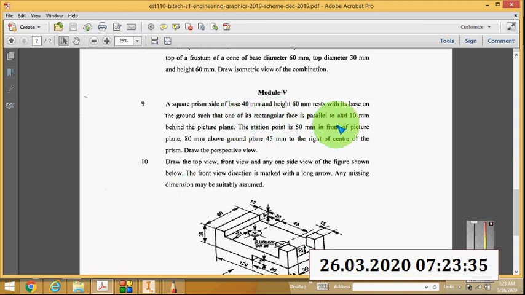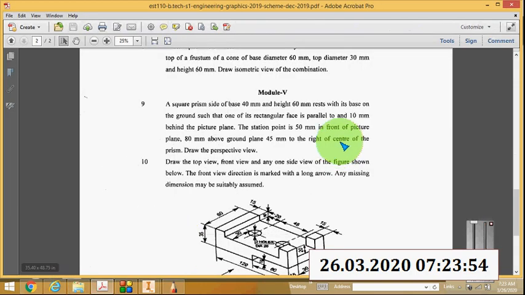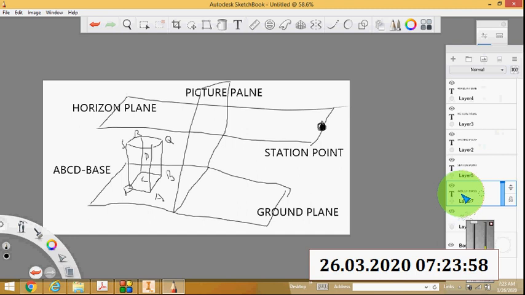its rectangular faces is parallel to and 10 mm behind the picture plane. One of its rectangular faces, see this ABQP is the rectangular face. That face is parallel to the picture plane. So this is the picture plane, this perpendicular plane is the picture plane, and this distance is given as 10 mm behind the picture plane. So this distance is 10.